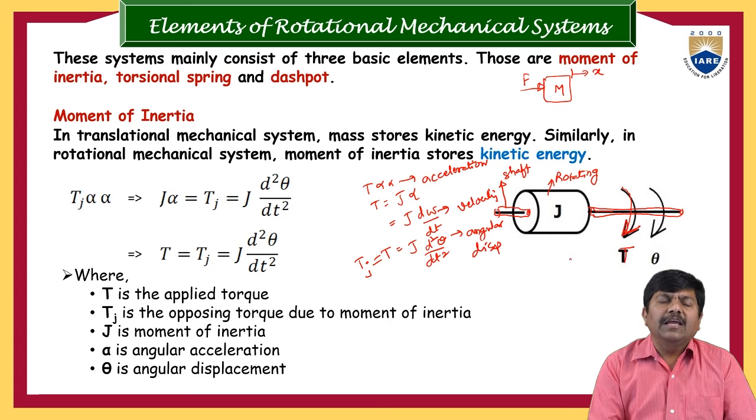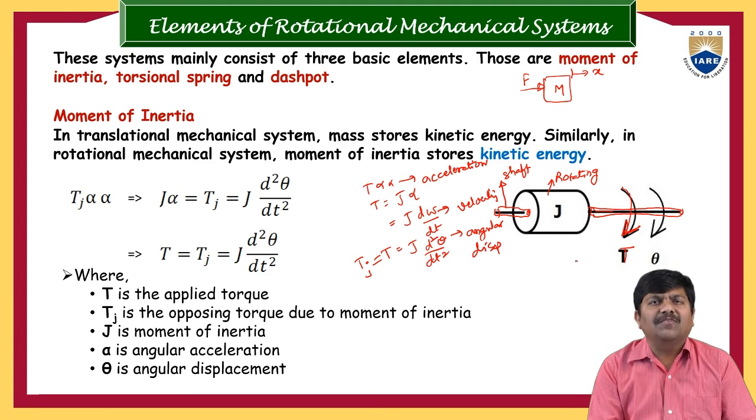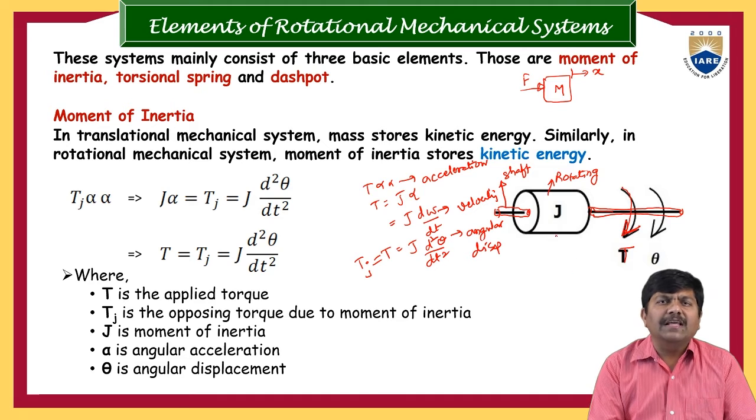Now similarly, if the twisting force is applied on the shaft, from there onwards the rotating body also rotates. How many angular degrees or radians it rotated is nothing but the output. So on the shaft itself, you have to mark input and output.